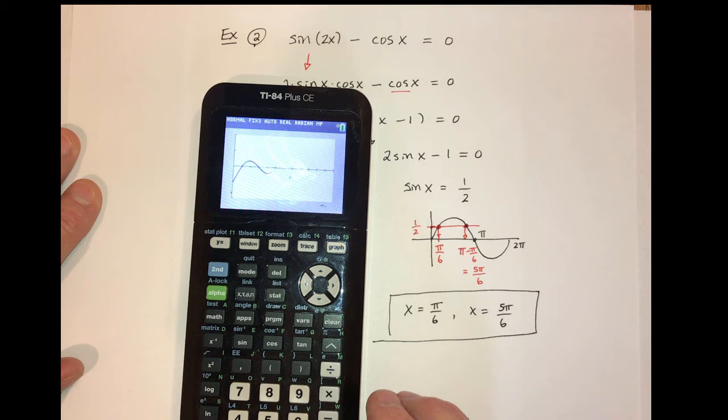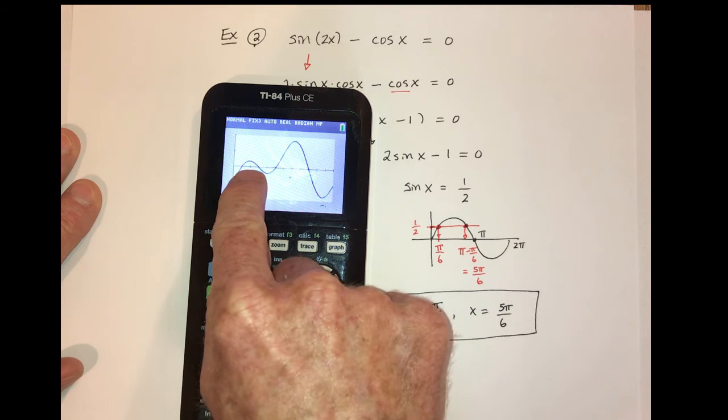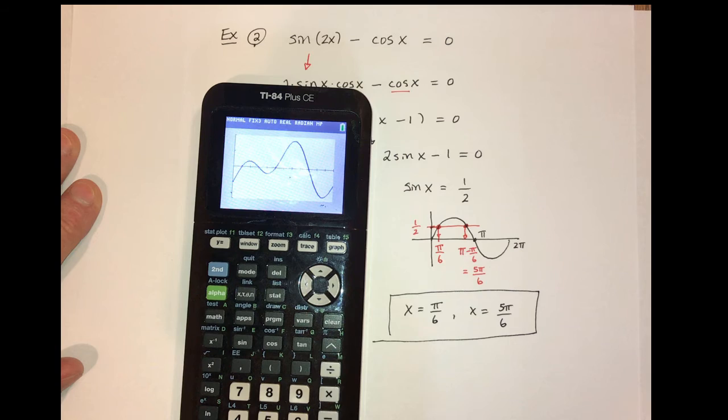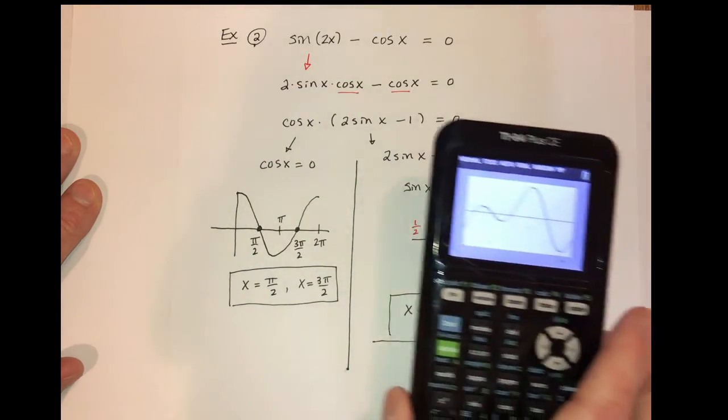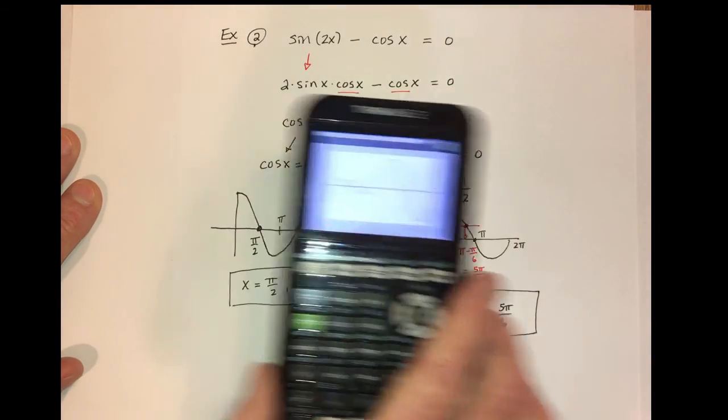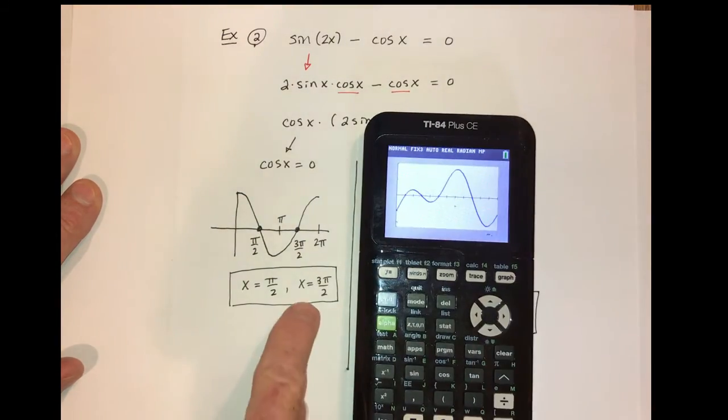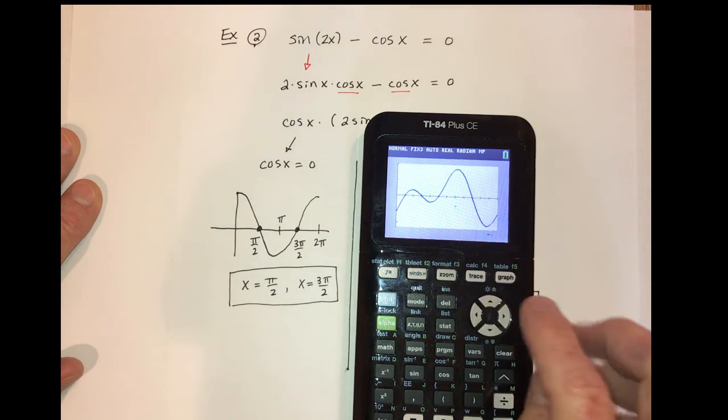So there's 2 answers so far, 3 answers, and a 4th answer, and that's it. So 1, 2, 3, 4 answers. So 5 pi over 6, that's the biggest one, so that should be that one. At least I think it's the biggest one, isn't it? Yes. No, actually 3 pi over 2 is. 3 pi over 2 should be that one.